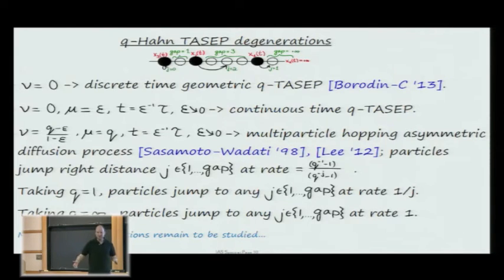So you jump distance 7 at rate 1 over 7, anywhere between you and the next guy. If you took the limit q to infinity, you just jump at rate 1 to any location between you and the next guy. So this is one of many degenerations that can be studied of these processes. Okay? And so most of what I'll say can be degenerated to these levels as well.